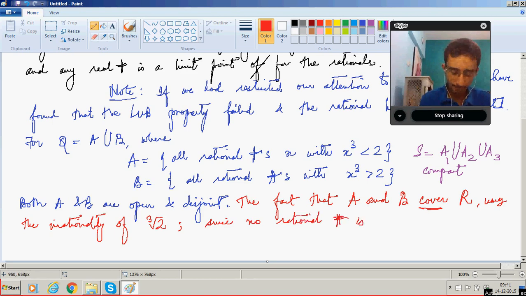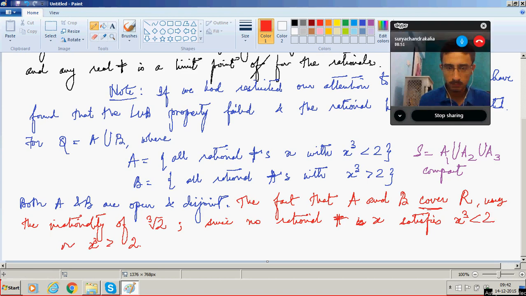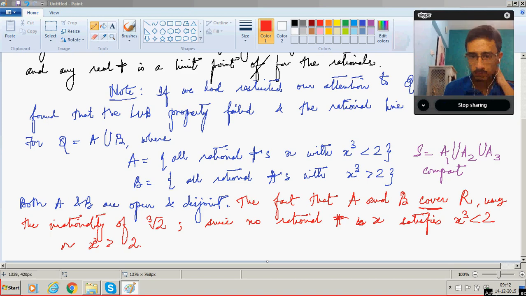Rather, no rational number x satisfies, this is better put, x cube less than 2 or x cube greater than 2. There will be a variation here which I will introduce. I will give you some other example later on. Okay, for now it is sufficient because it is easy.